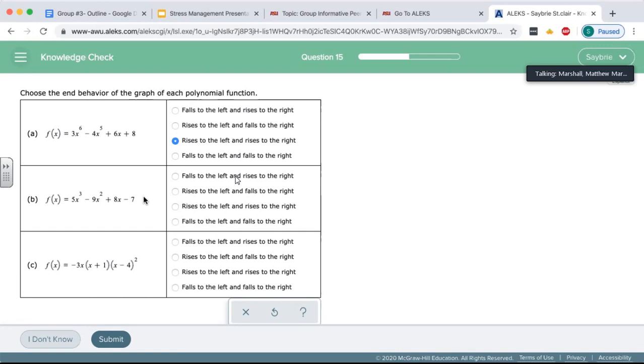Is that what yours is showing? Yeah, mine's almost straight, but I can clearly see the left side is going down, then I have like a little curl, and then the right side's going up. So that would be falls to the left, rises to the right.